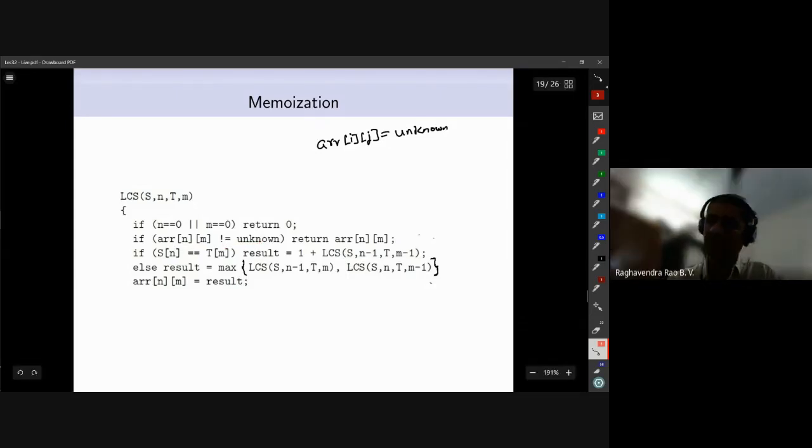Initially everything is unknown, so nothing is computed. You return that value. Else you apply this procedure. You compute using recursion, and once you compute it, store that result in the corresponding array. So now this becomes known, no more unknown. As soon as LCCS i, j is computed, array i, j will have that value.